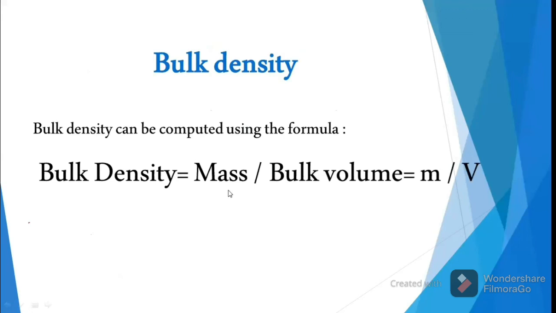After weighing your material, you add it to the vessel, measure the position, and take the difference between the two positions. That will give you the mass and the difference in position. You will calculate the bulk density by using the Archimedes principle. It is very easy to calculate bulk density.